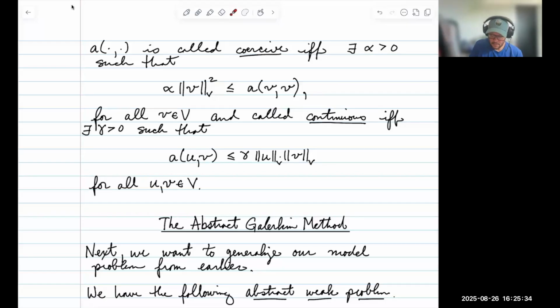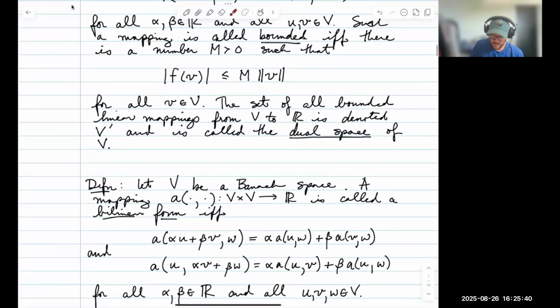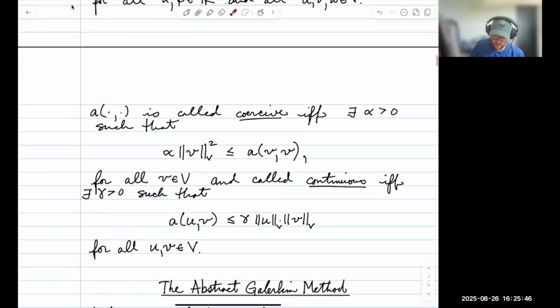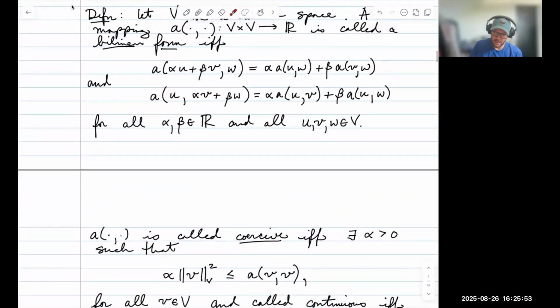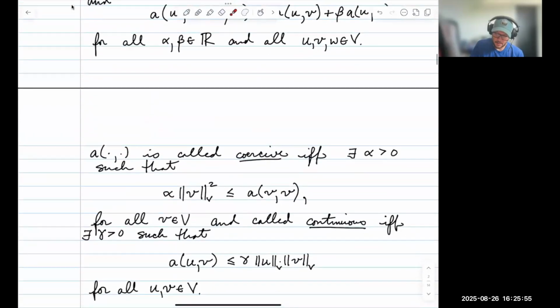But all I need to know is that this number, remember that's just a number because this bilinear form takes two objects and maps them to a number, has to be under this positive number. Okay, so that's what we mean by a coercive continuous bilinear form.